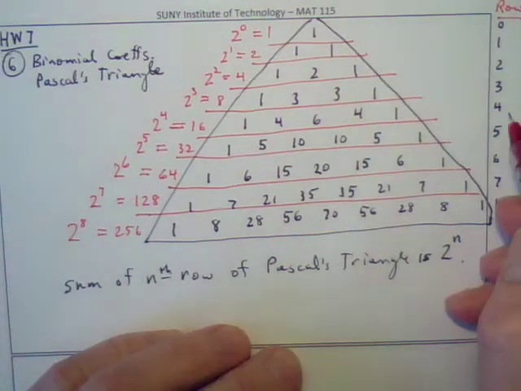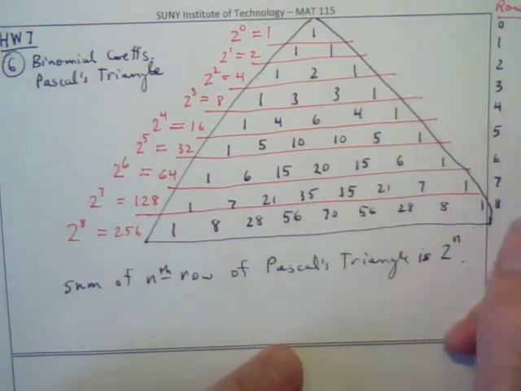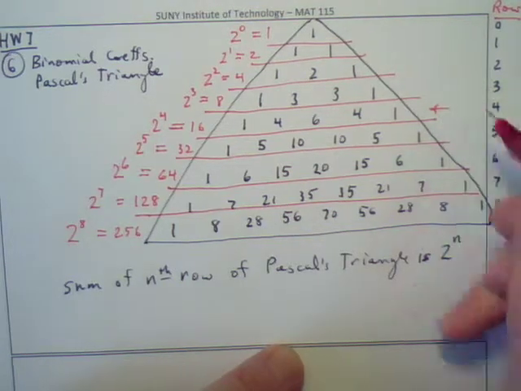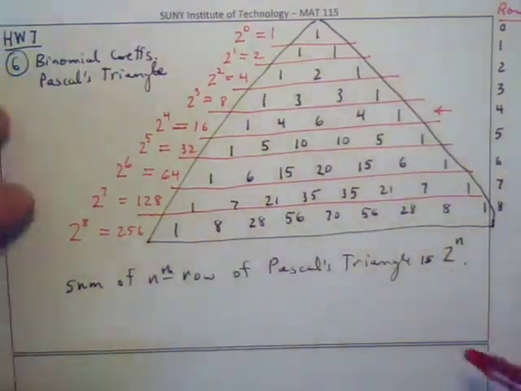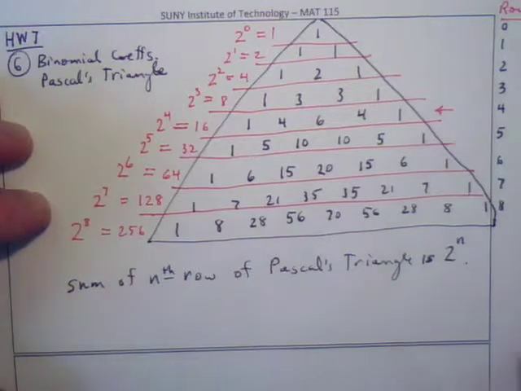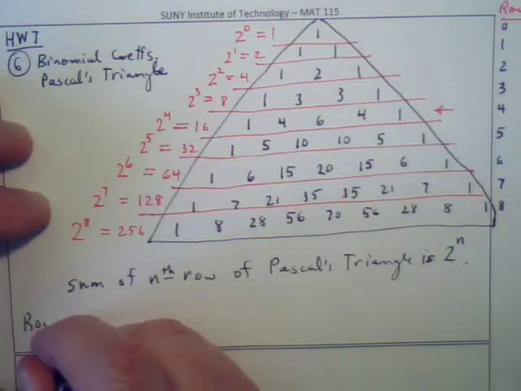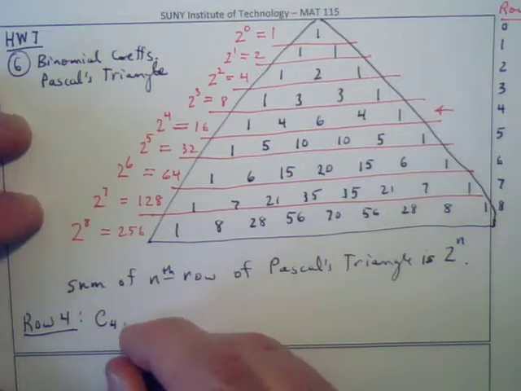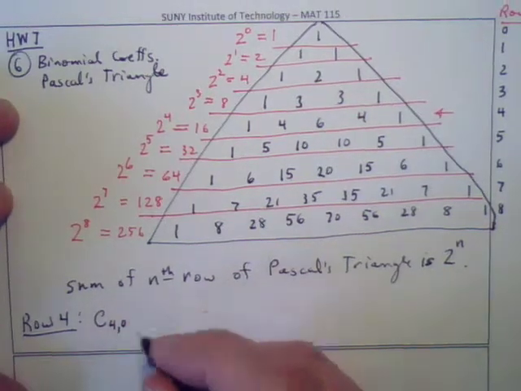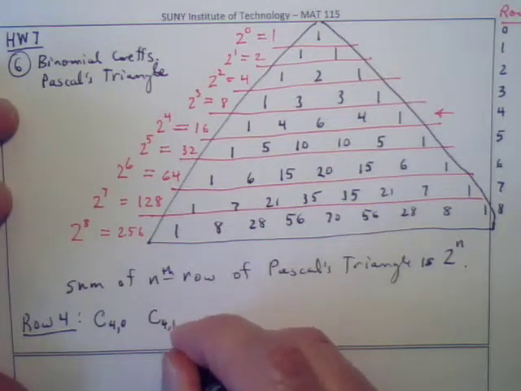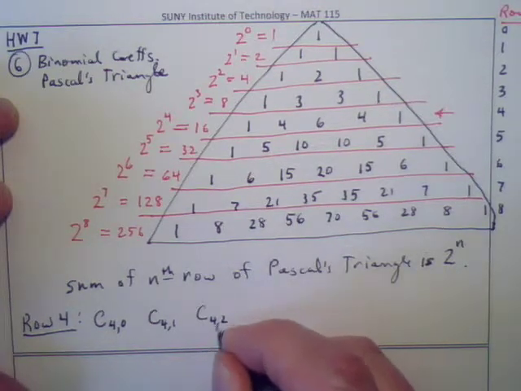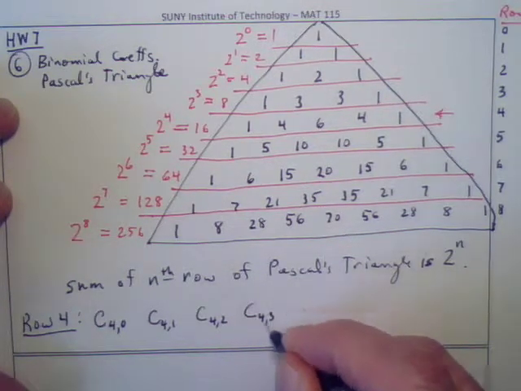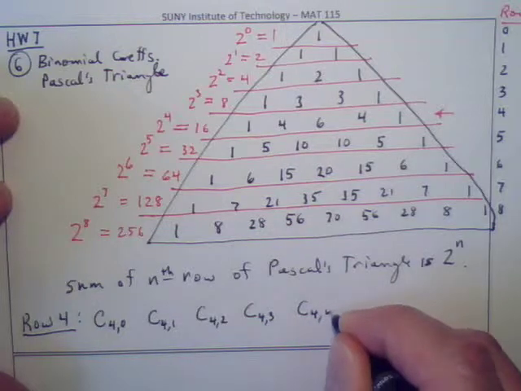The nth row of Pascal's triangle, for example, let's take row 4. The elements in row 4 are C(4,0), C(4,1), C(4,2), C(4,3), and C(4,4).